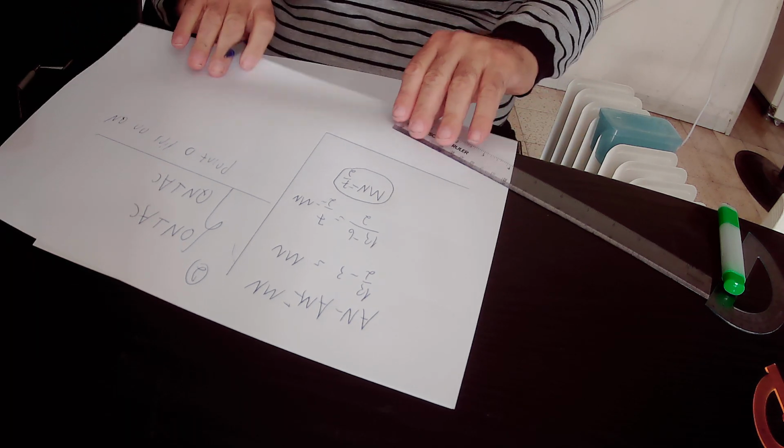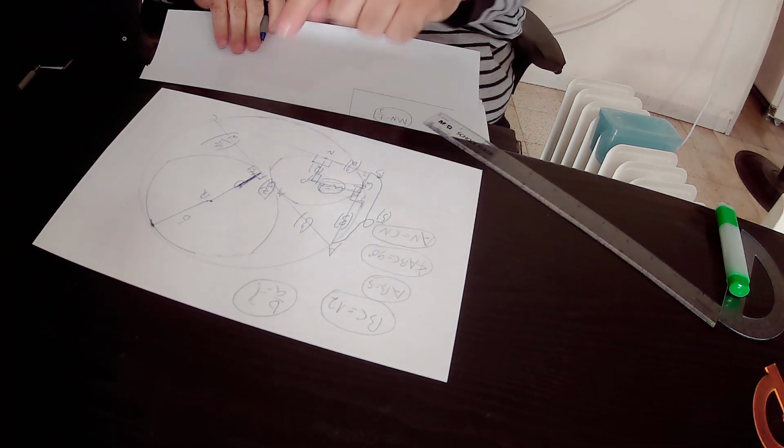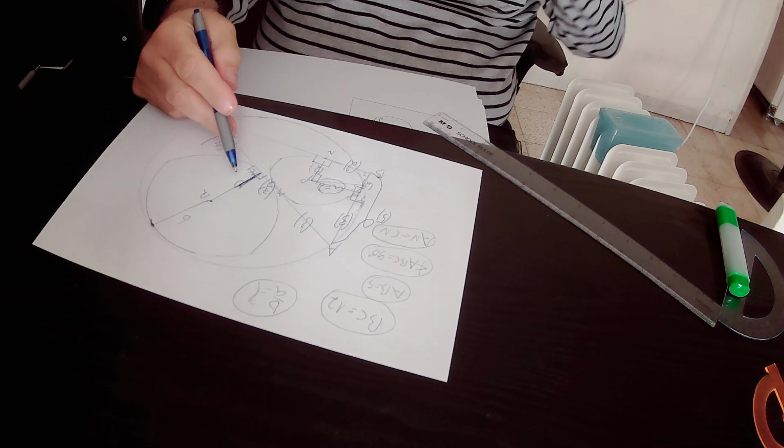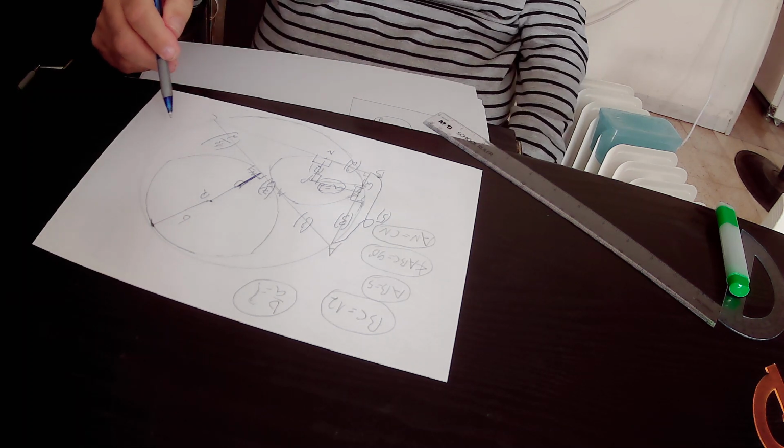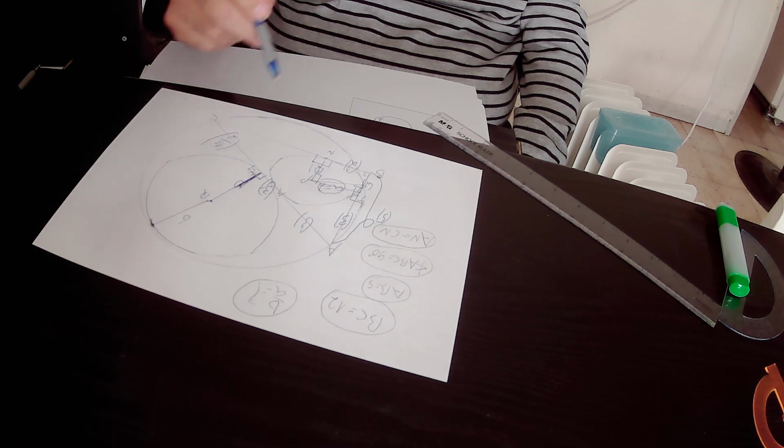Okay. This is point O, that is the center of the bigger circle, and it lies on the radius QN.